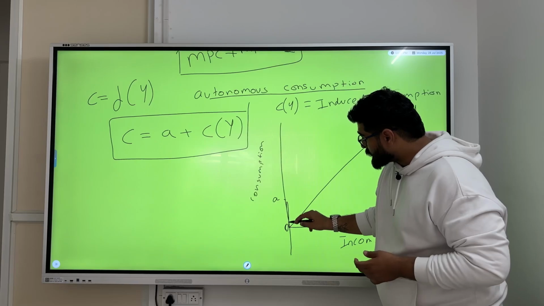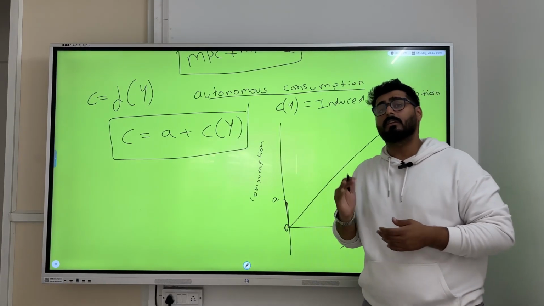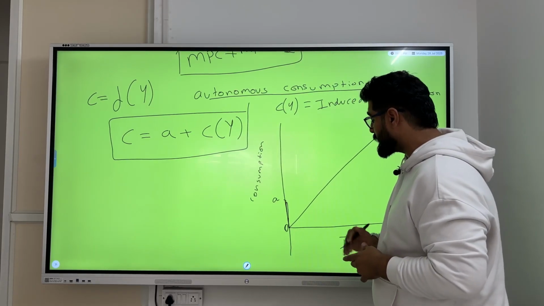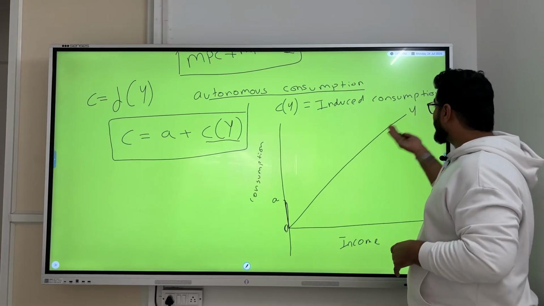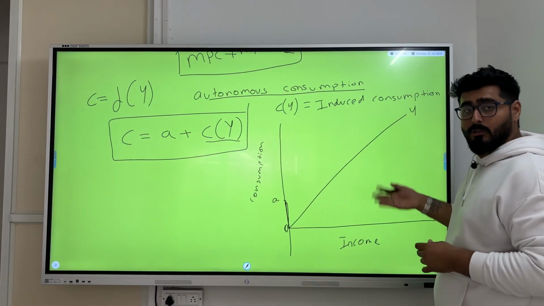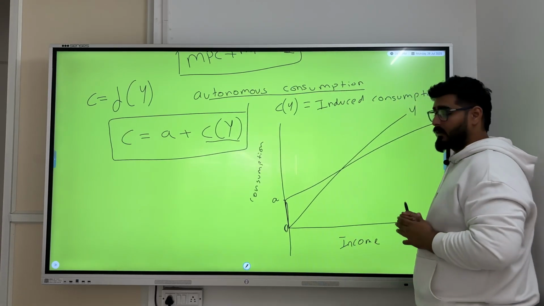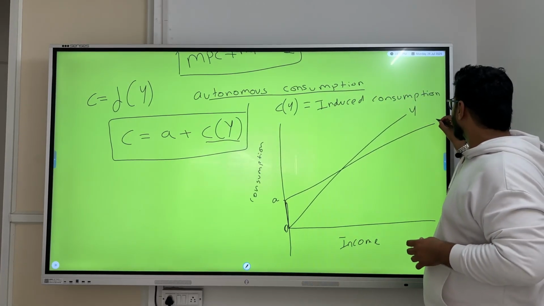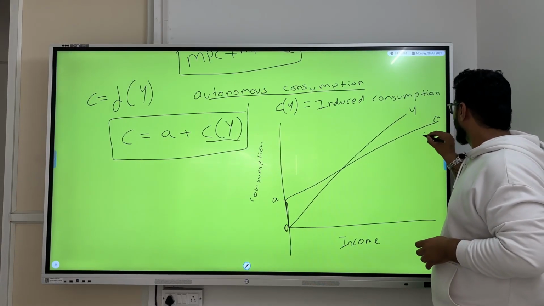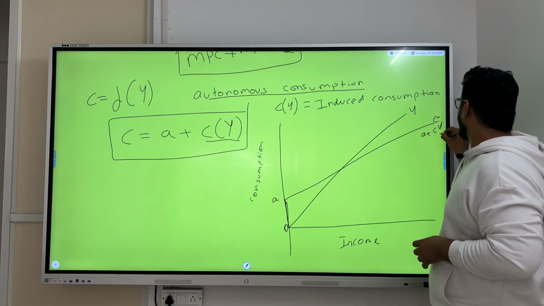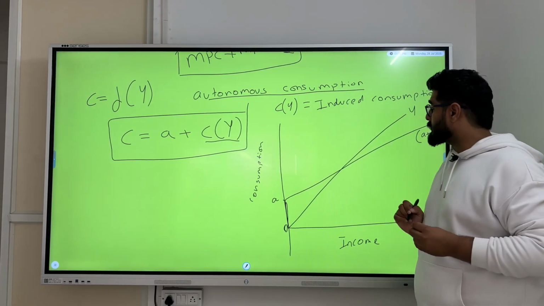Of course, this portion that I got is my autonomous consumption. Even at zero income, I have a certain level of consumption, that is autonomous consumption. But now the second part, C of Y, means that as and when the income increases, the consumption also has to increase. So if I draw a curve like this, this is my consumption equal to A plus C of Y, consumption based on income.